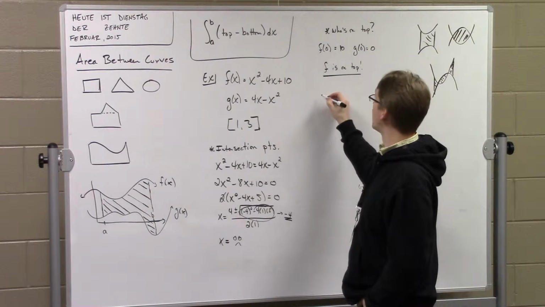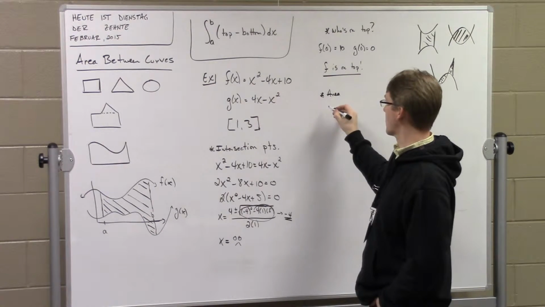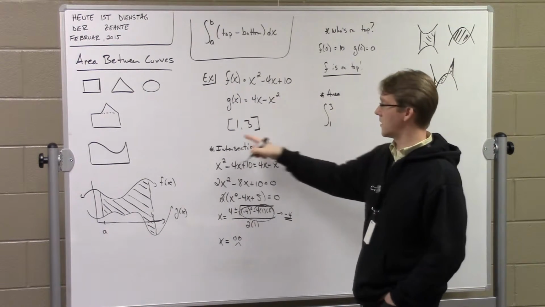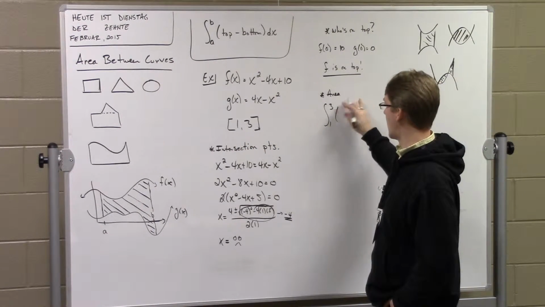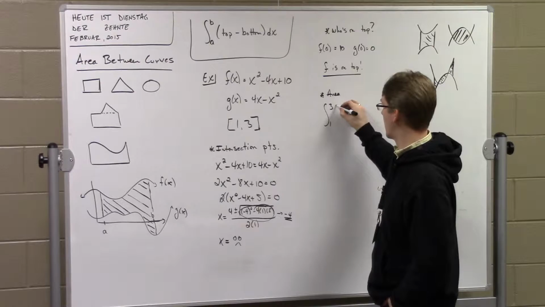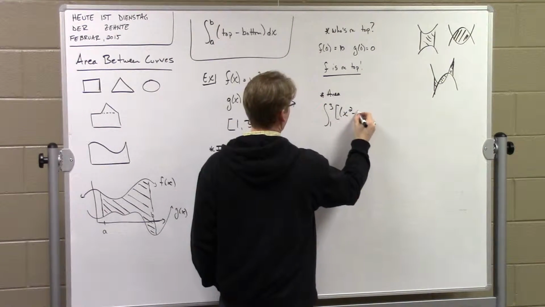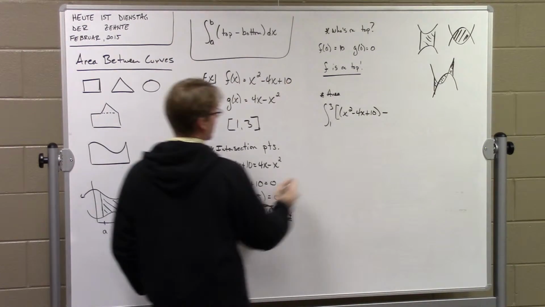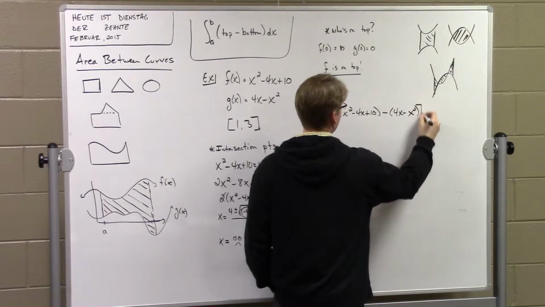So my integral, finally, is going to be the antiderivative from 1 to 3, that's the zone they want. The f function on top. f for us was x squared minus 4x plus 10, minus the g function on the bottom, 4x minus x squared.